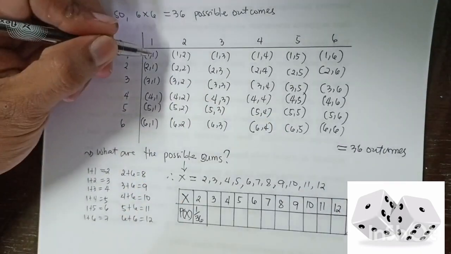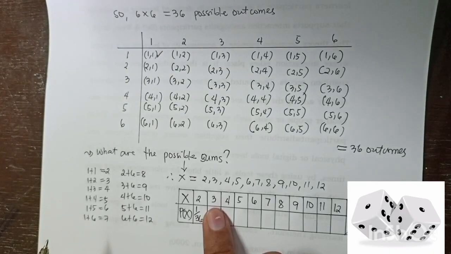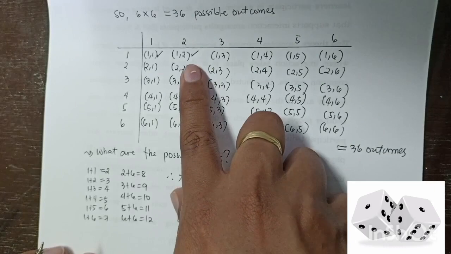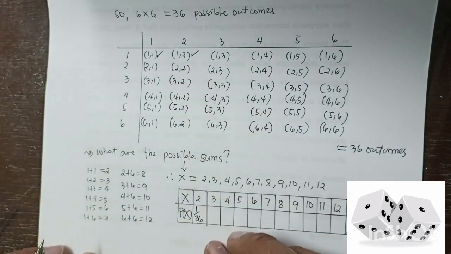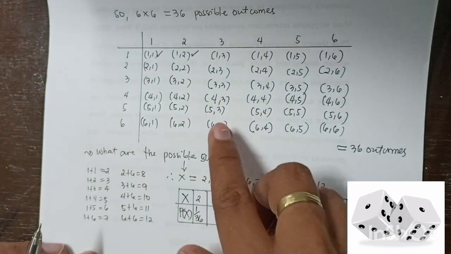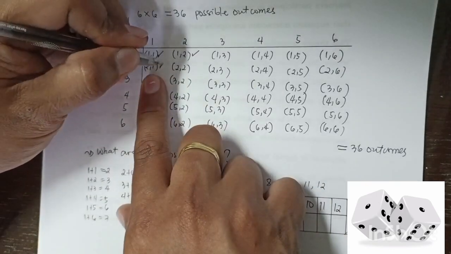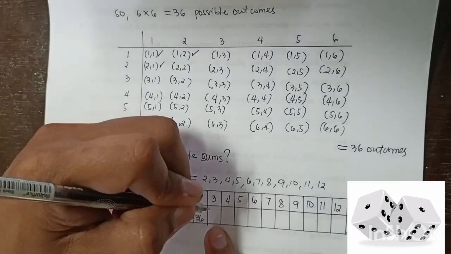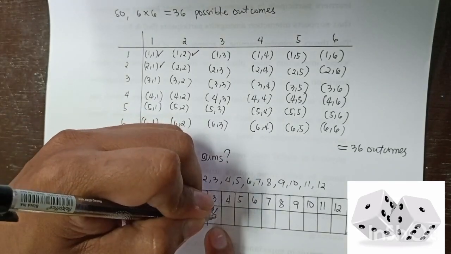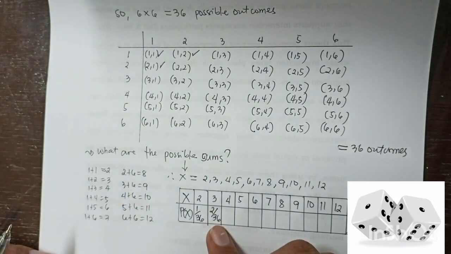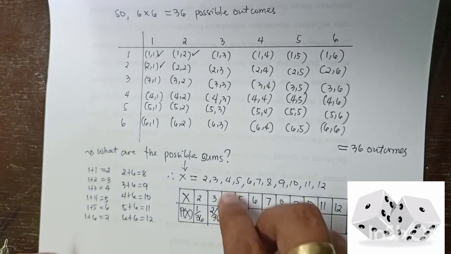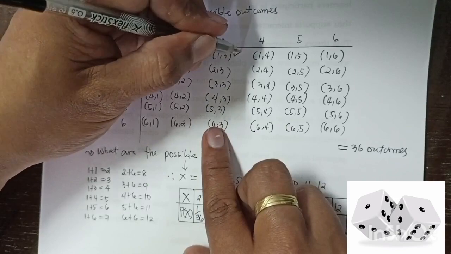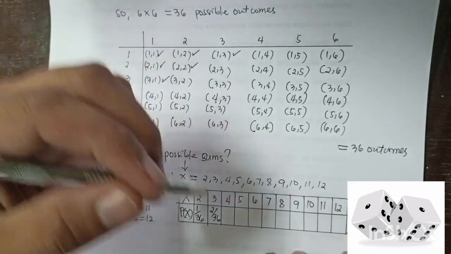Now for the sum of 3, we have the pair 1 and 2, and we also have 2 and 1. So there are 2 outcomes out of 36 outcomes. So the probability is 2 over 36. For a sum of 4, we have 2 and 2, 1 and 3, and 3 and 1.